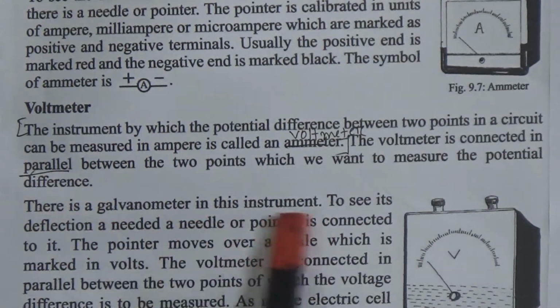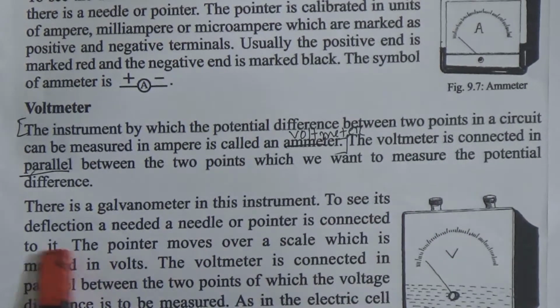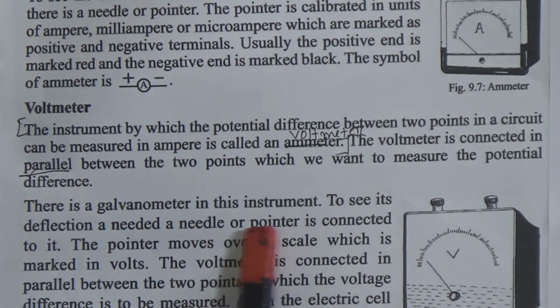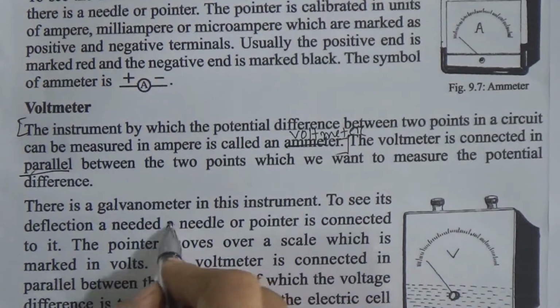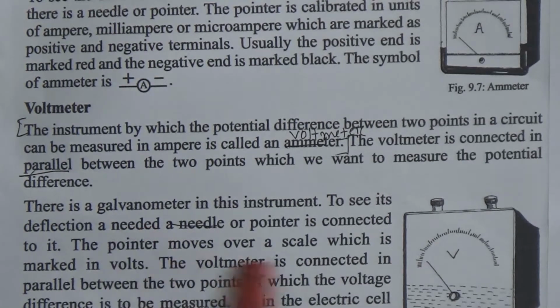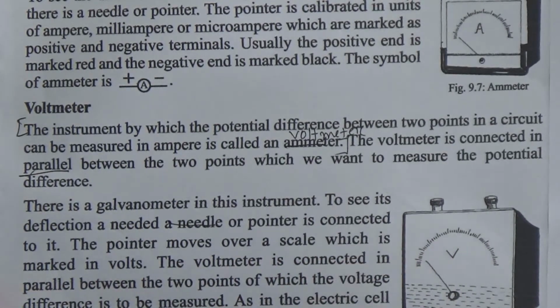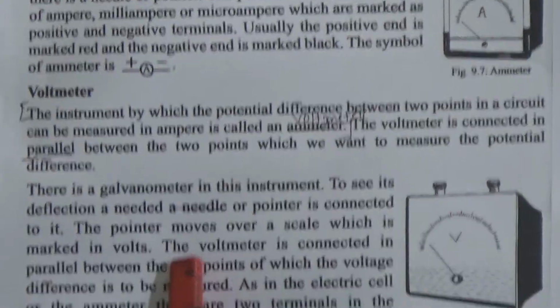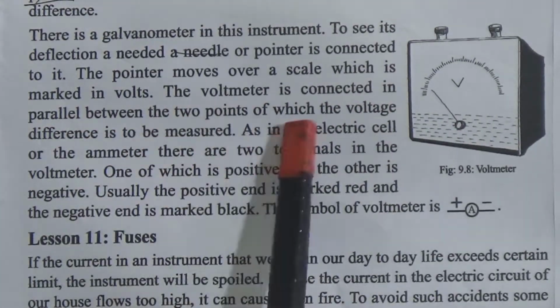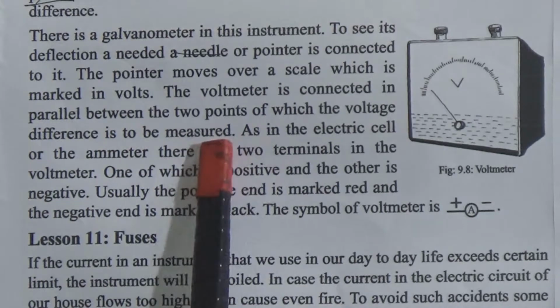The galvanometer in this instrument has a needle or pointer connected to it to see its deflection. The pointer moves over a scale which is marked in volts, and the voltmeter is connected in parallel between the two points between which the voltage difference is to be measured.